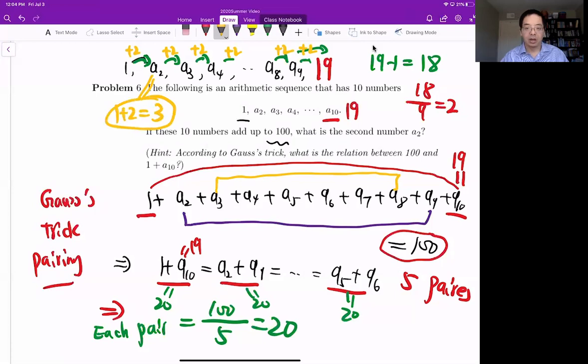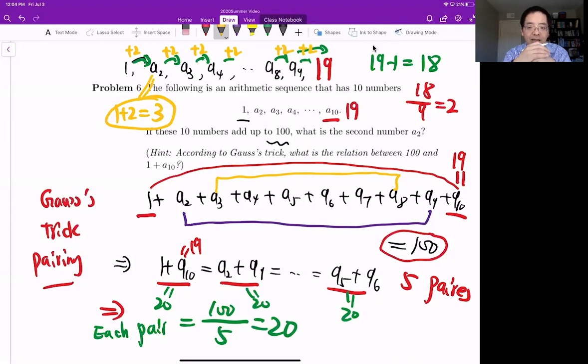All right, so let's quickly review this problem. The key point is we need to memorize the Gauss trick. The Gauss trick tells us how to sum up an arithmetic sequence. Basically you just do the pairing. So each pair, we have 5 pairs and the total is 100, so each pair is 20.